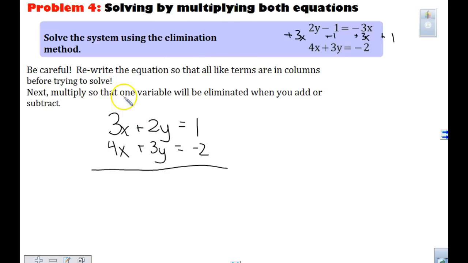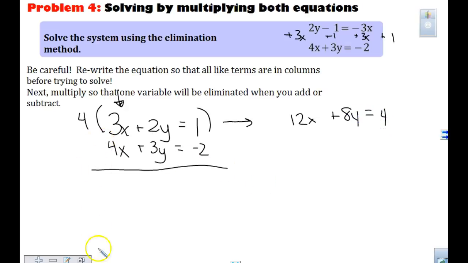So if we are eliminating the x's, I need the number in front of x to be the same and the sign to be opposite. What number can 3 and 4 both multiply and go into? 12. 3 times 4 is 12. I'm going to take the first one times a positive 4. Everything is going to be multiplied by 4. So I'm going to have 12x plus 8y equals 4.